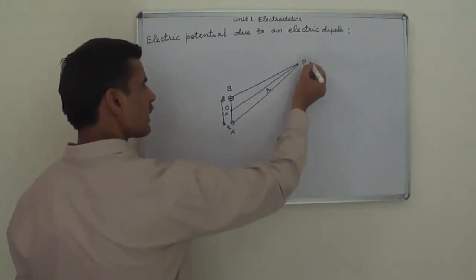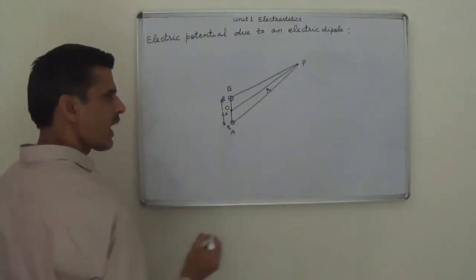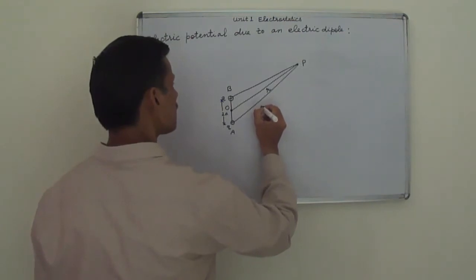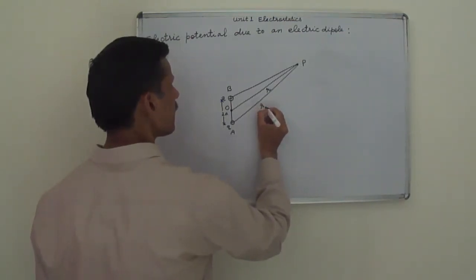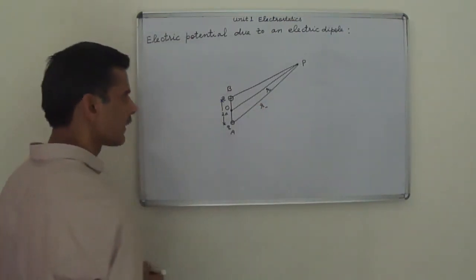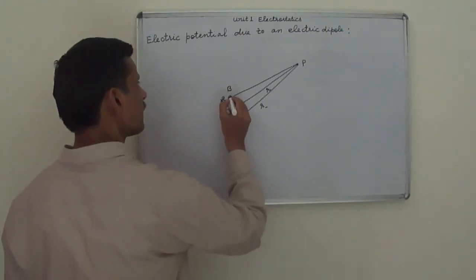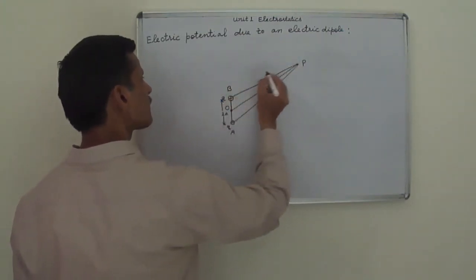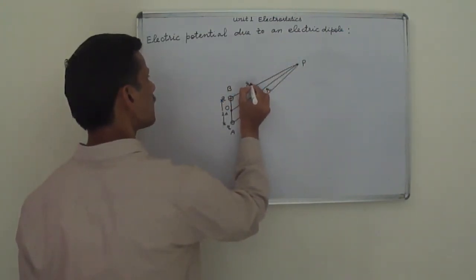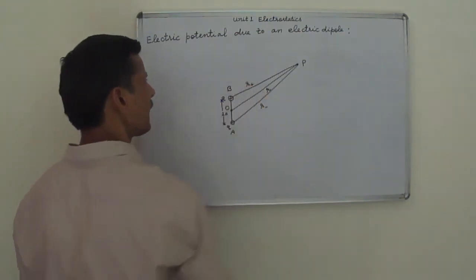The distance of this point P from the negative charge is R minus, and the distance of point P from the positive charge, say it is R plus.